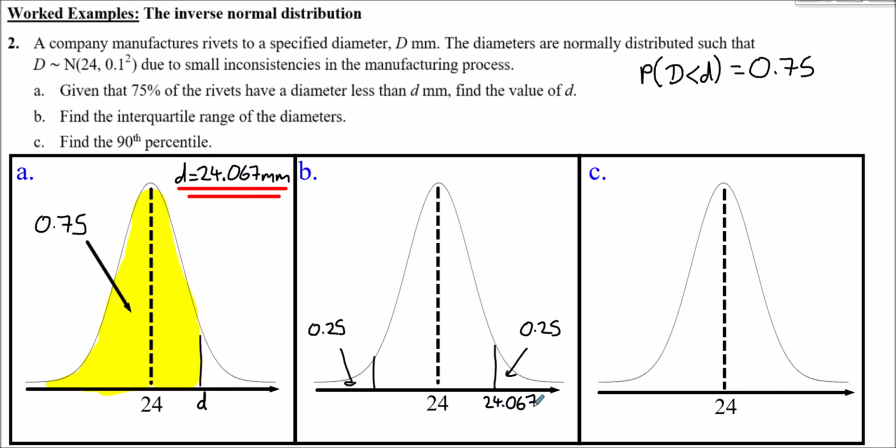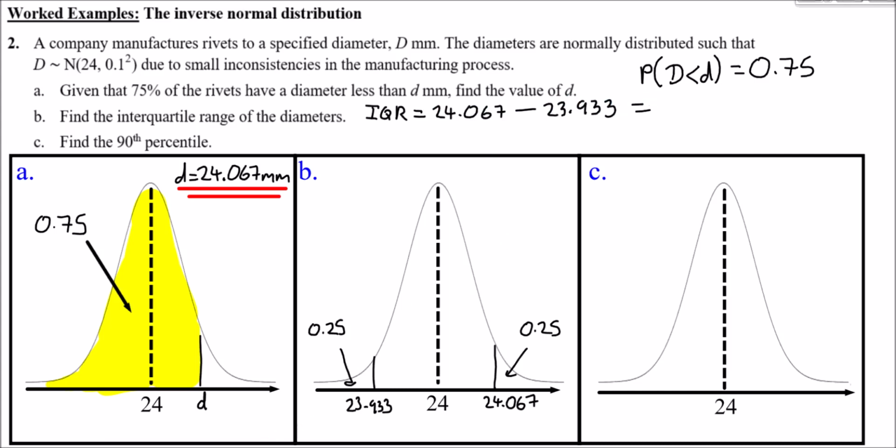We also know that the normal distribution is symmetrical. So if that's 0.067 away on the higher end, then the lower quartile will be 0.067 below 24. So the lower quartile, 24 minus 0.067, gives us 23.933. So for B, the interquartile range is the upper quartile, 24.067, minus the lower quartile, 23.933.